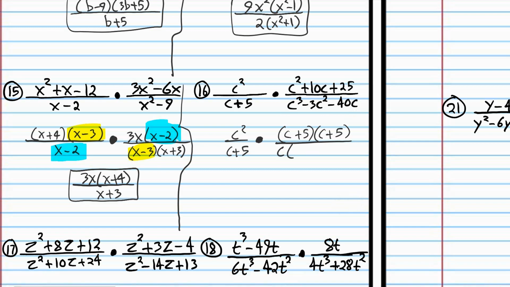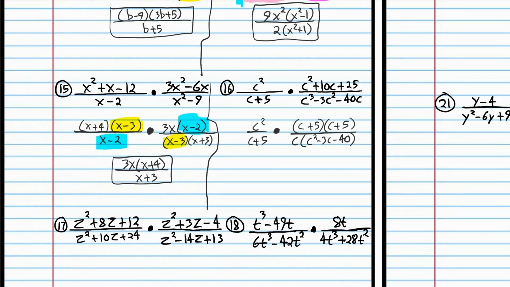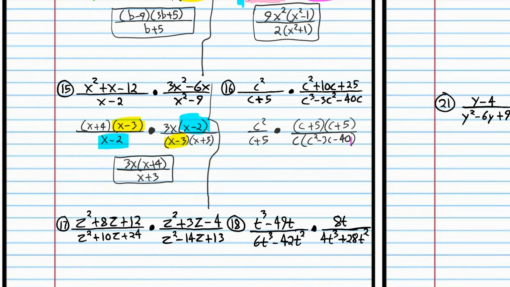So there's a c that we can factor out. And then we can factor the resulting expression at that point. But we have to factor out that GCF first.